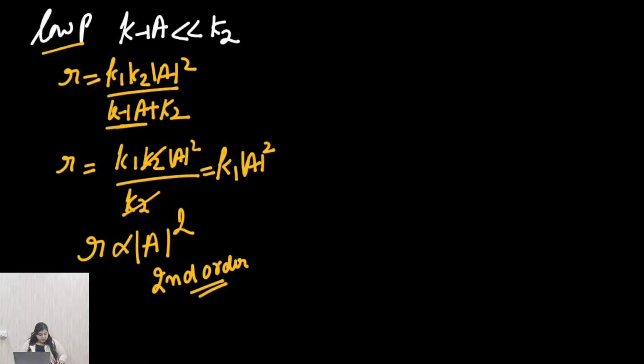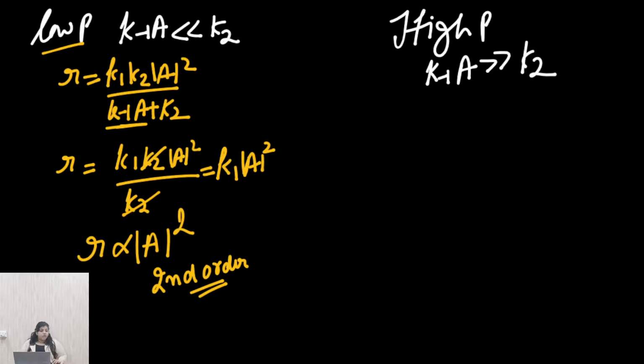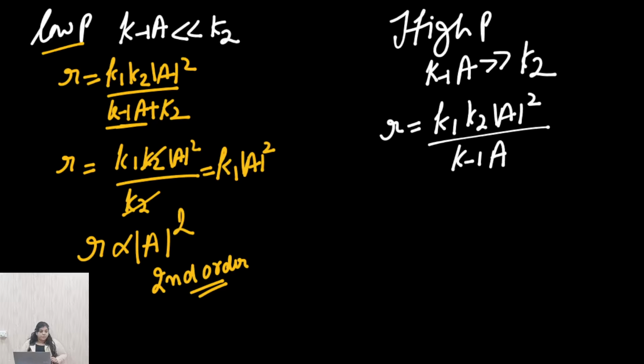This statement is being satisfied, and at higher pressure, you check that also, which means K inverse of A is much greater than K2. At that point the rate becomes K1 into K2 into A square upon K inverse of A. So this A and A will get cancelled out.